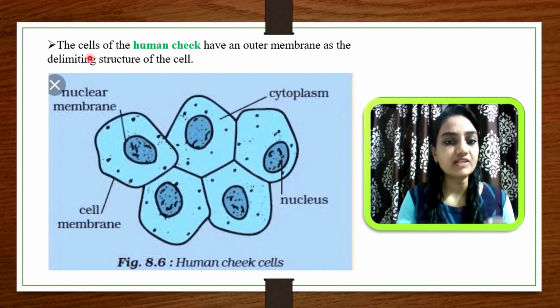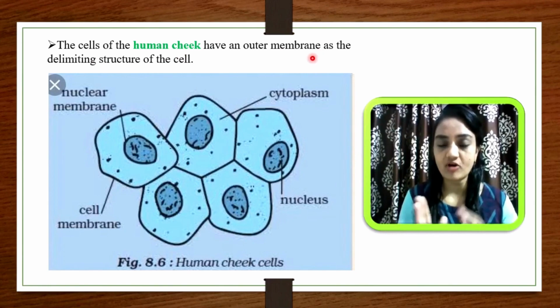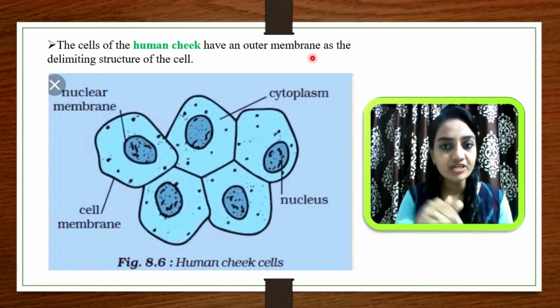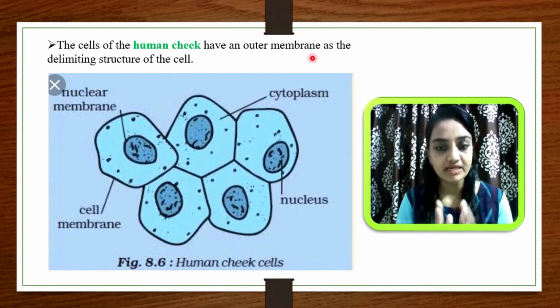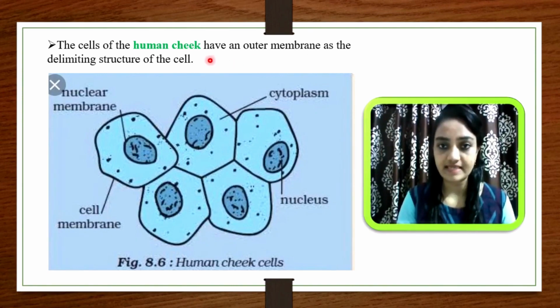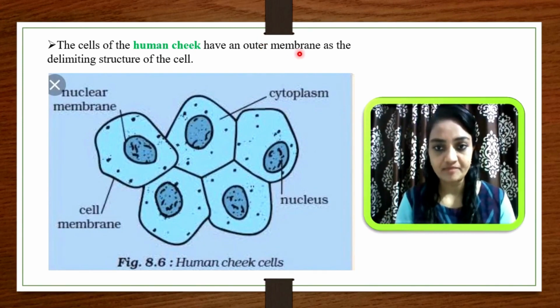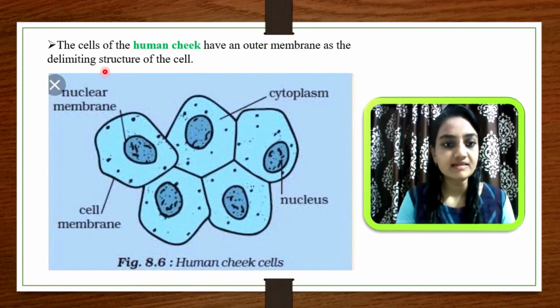The cells of the human cheek have an outer membrane. If you observe a plant cell, the outer boundary will be the cell wall, but in a human cheek cell the outer boundary is the cell membrane, the delimiting structure of the cell.